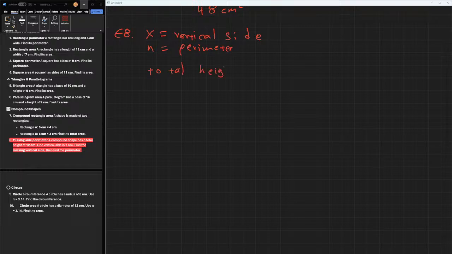We know the total height is 12 centimeter. One vertical side has 7 centimeter.